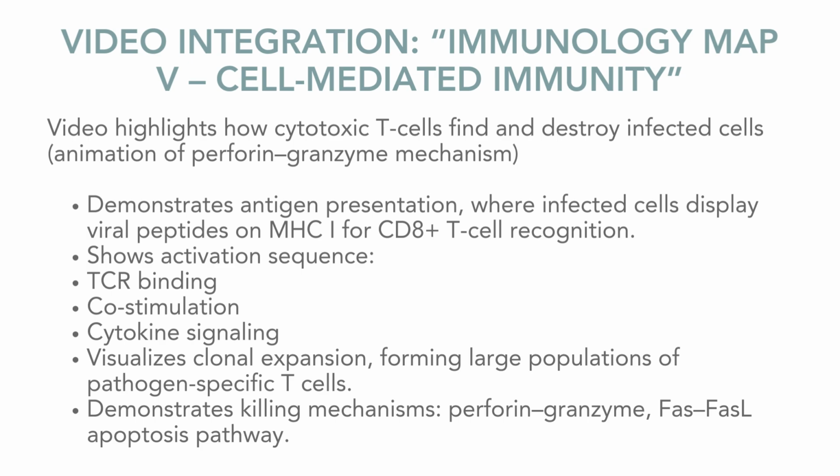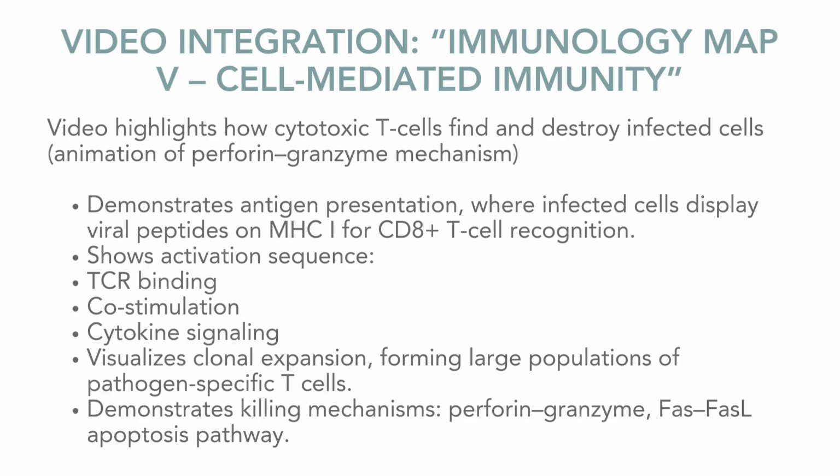So the first video that I had pulled was the immunology map, and this one shows how infected cells display abnormal peptides on MHC 1, which CD8 plus T cells detect like inspectors, which are used in this video as ID badges.